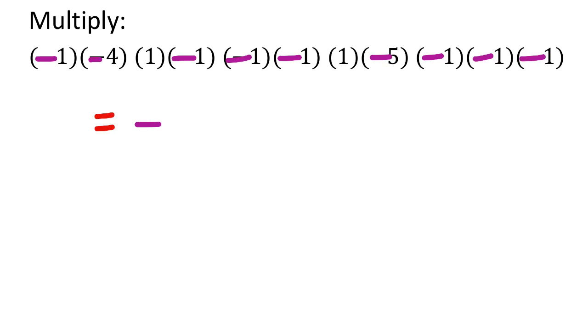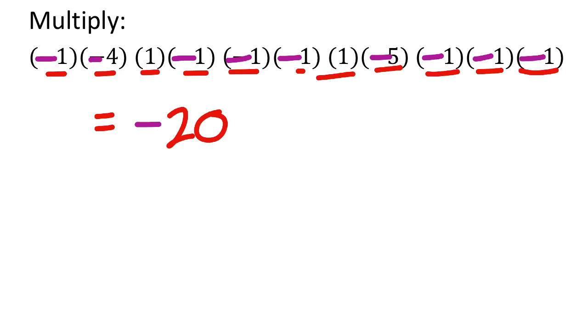Okay, if there were an even number of negatives, my answer would be a positive. So now that I know the sign of my answer, I can just multiply straight across. 1 times 4 is 4, times 1 is 4, times 1 is 4, times 1 is 4, still 4. Then multiply by 5. 4 times 5 is 20, and anything multiplied by 1 is itself, so it's still going to be 20. Negative 20.